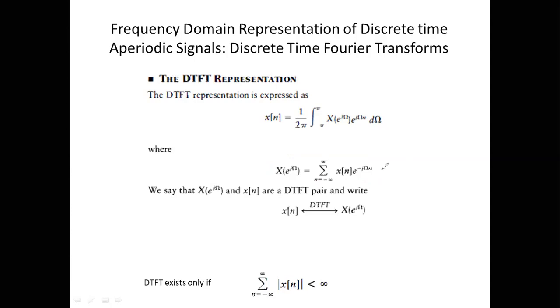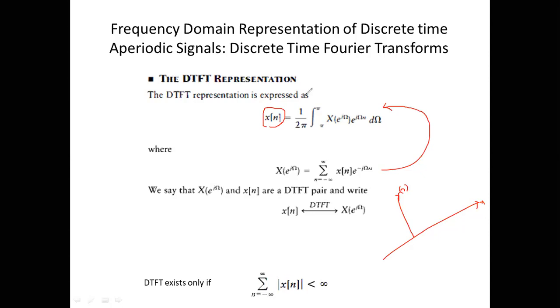So what we are trying to do here is represent x of n not with respect to the usual variable. We usually represent x of n with n on the x-axis and x of n on the y-axis, like cos 2 pi omega n, sine omega n plus cos 4n. That is the usual representation with respect to the independent variable time.